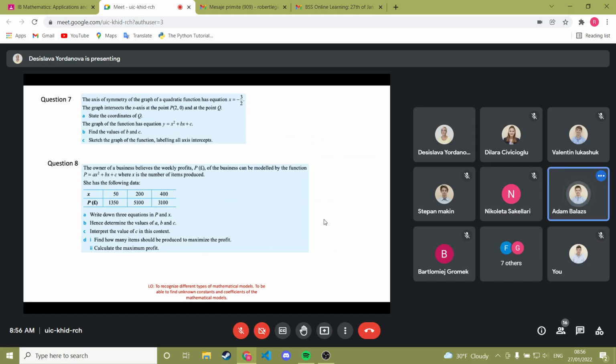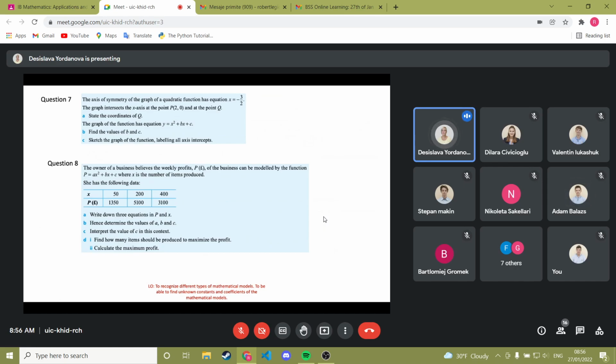Probably that when x equals 50, p equals 1350. Then what do we do with them? Write them down. How do we use them? Probably to create 3 points and make a line. Of course you can.